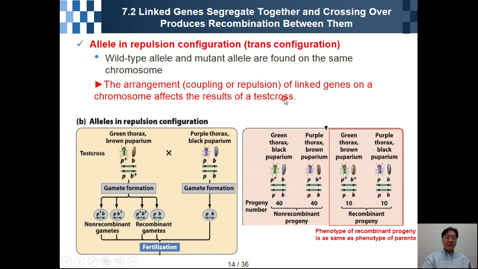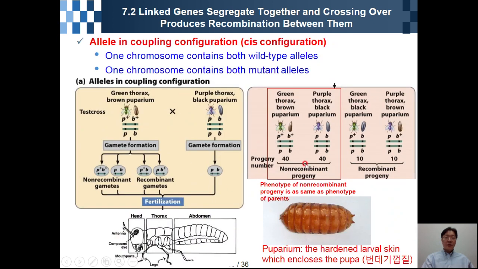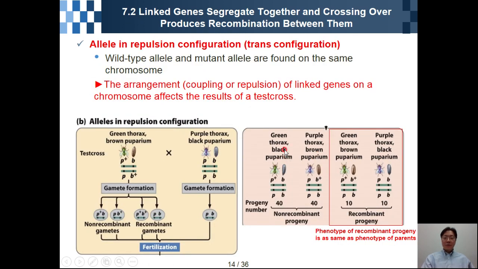When the phenotype of a non-recombinant progeny is the same as the phenotype of a parent, we call it cis configuration. After the test cross, when the phenotype of recombinant progeny is the same as the phenotype of parents, we call it trans configuration.